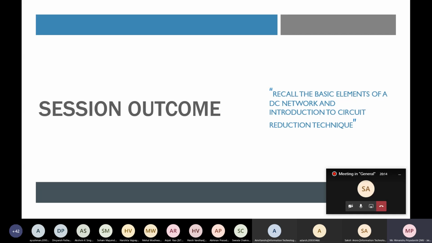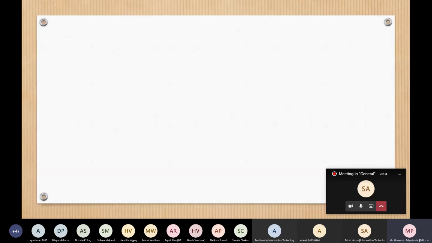That is important to understand. What do we mean by DC? Direct current, of course, that is the full form, but the meaning is current is not changing with respect to time. Please understand that. And we will also get into circuit reduction techniques. Let us quickly recall.